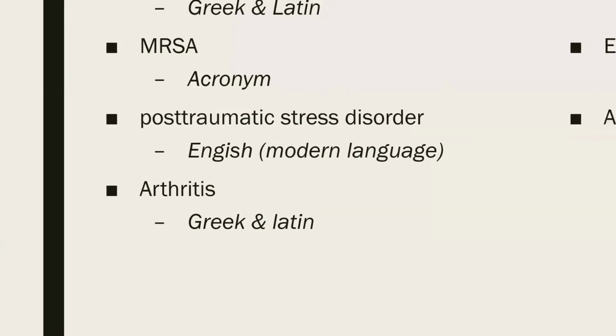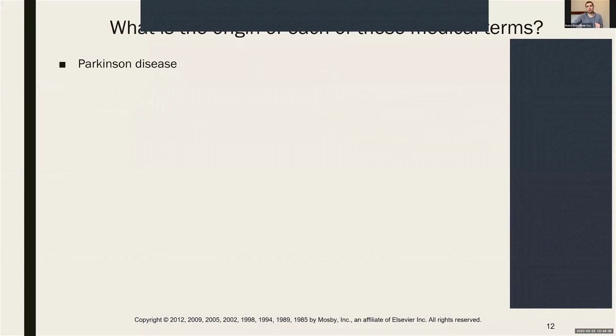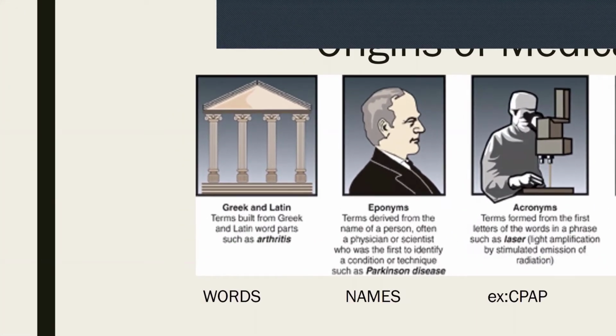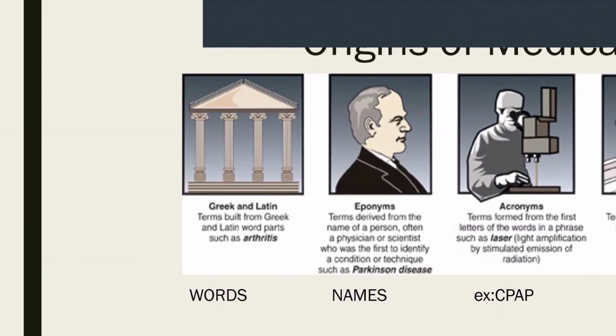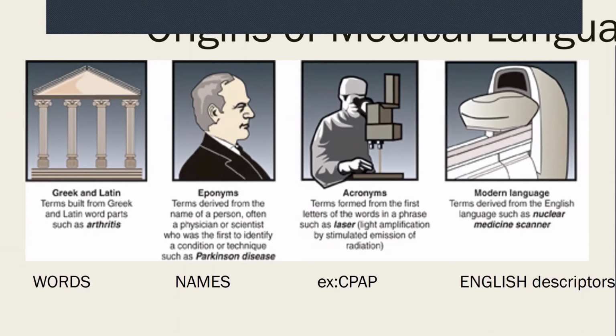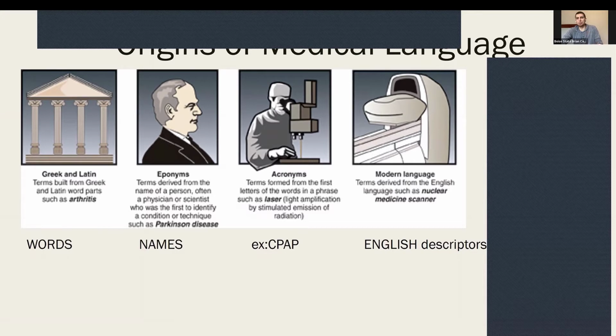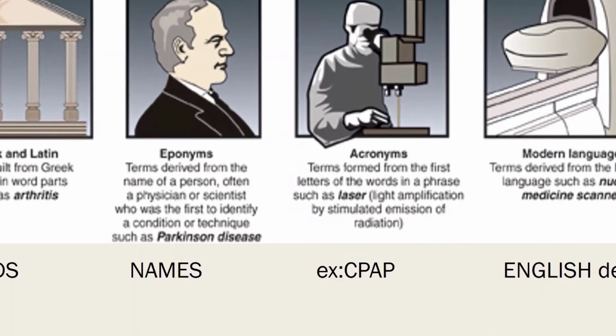When we look back at this graphic on page 4, what's built from word parts is the Greek and the Latin. So terms built from Greek and Latin word parts are category 1. The rest all fall into category 2. Eponyms are terms derived from persons' names, usually a physician or a scientist who identified or worked on that.